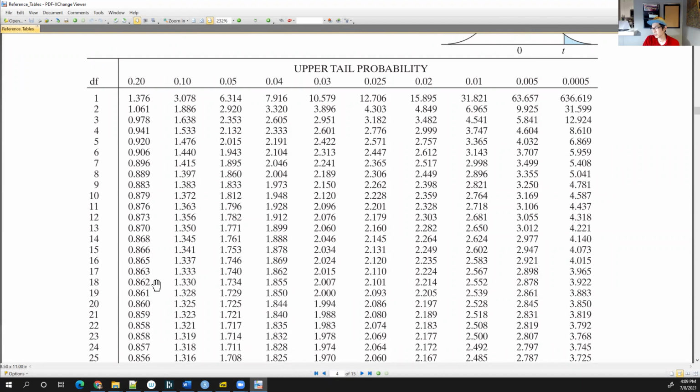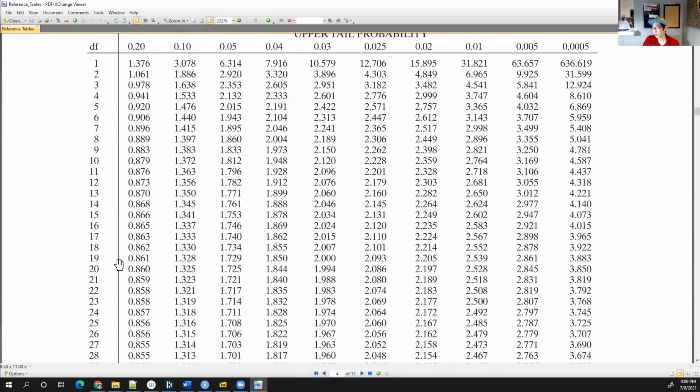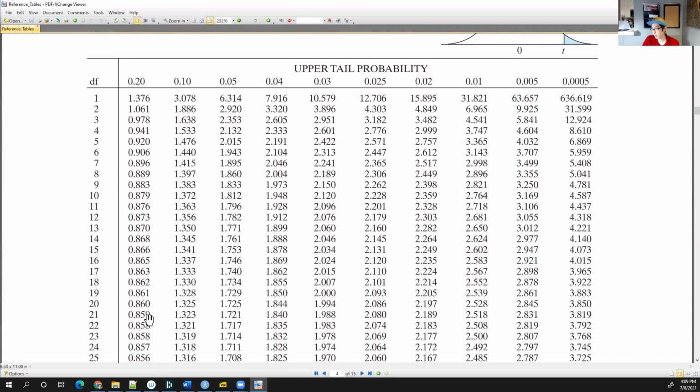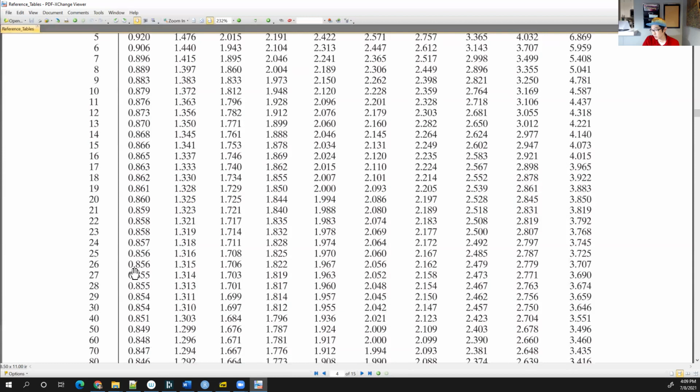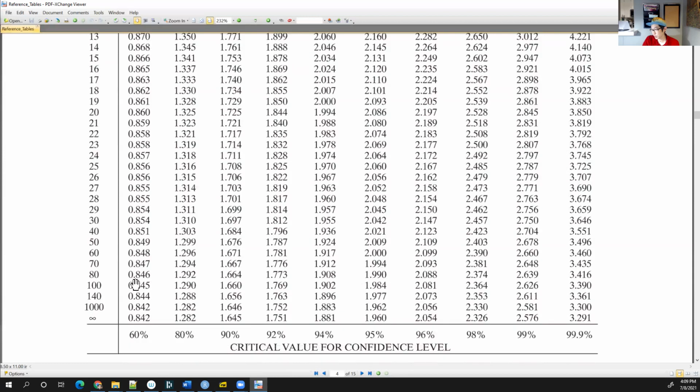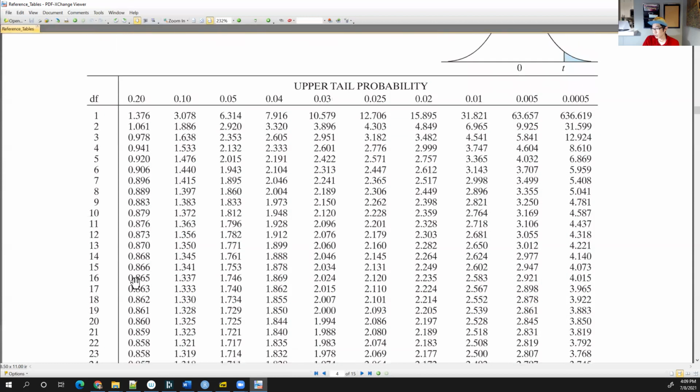The flip side is also true. Let's say your test statistic ends up being really small, like 0.1. That is very close to 0, a lot closer to 0 than any of the values in this column, where the smallest value is like 0.8. That just means the area in the tail beyond t is going to be much greater than 20%.